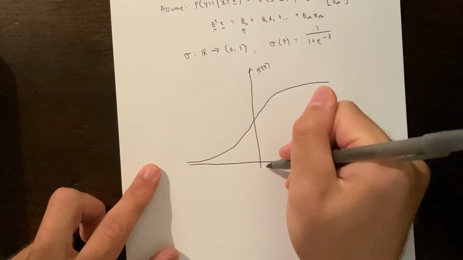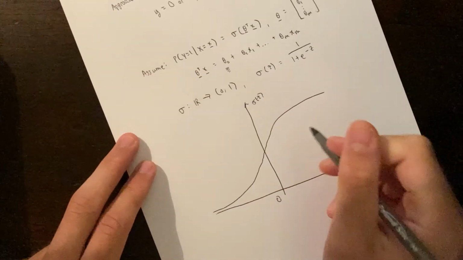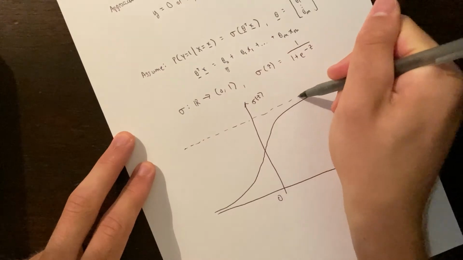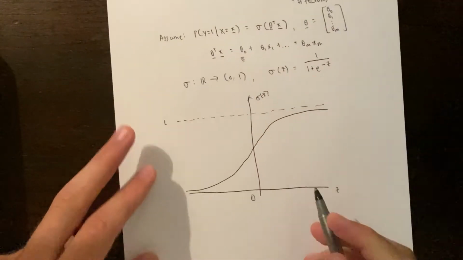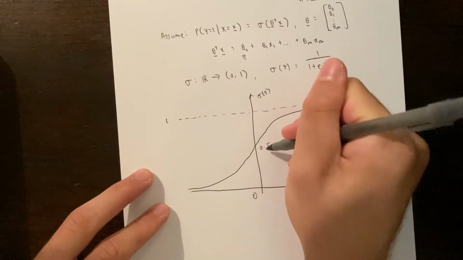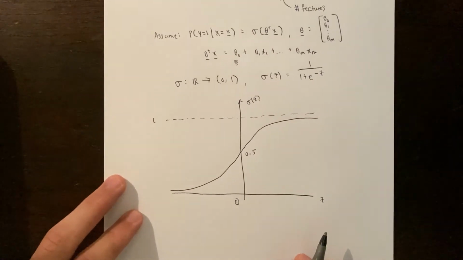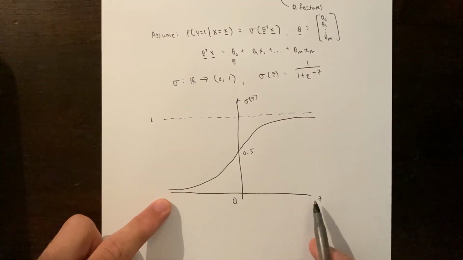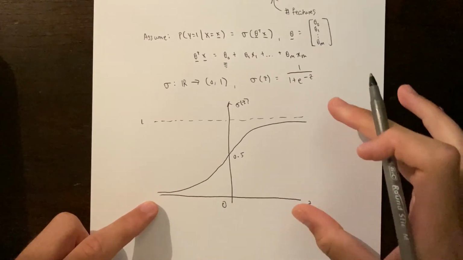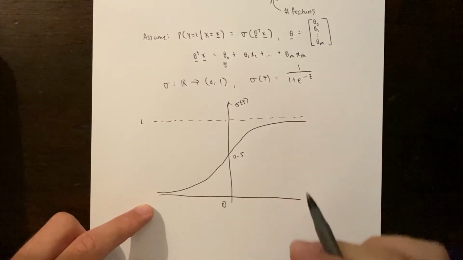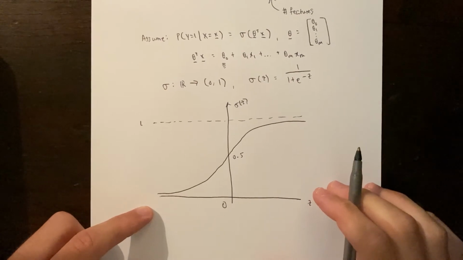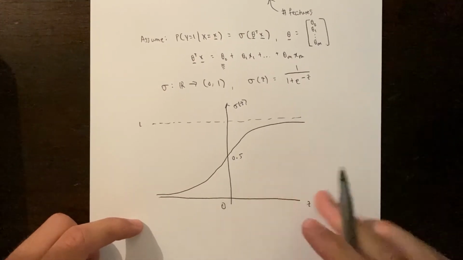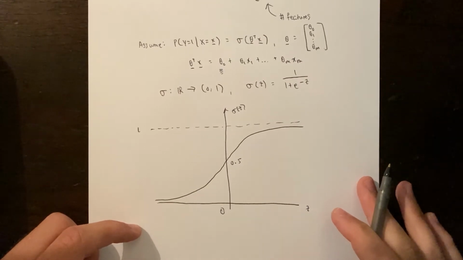There's an asymptote at 0, and towards the right, an asymptote at 1, and it passes through the value 0.5. And so as we can see, it'll take any real value z, pass it into this function, and we squash it in between 0 and 1. And there's actually a number of situations in machine learning where we want to do that, including in neural networks. So you'll see this sigmoid function appearing a lot.